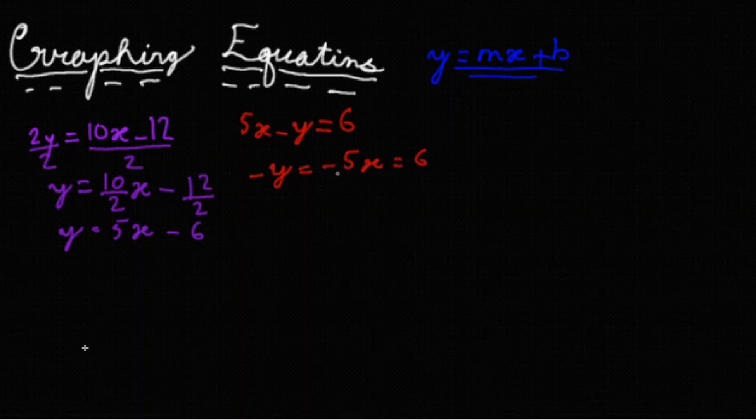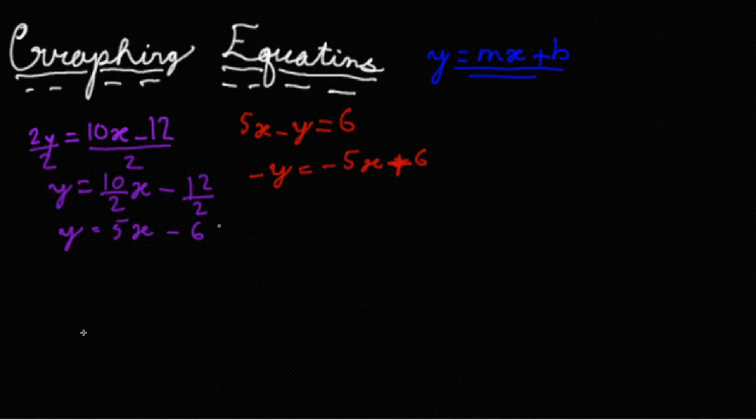The reason why this 5x is negative is because it's the opposite from this side. So if this side is positive, we move it to this side. This is the opposite, so this is negative. Now, this is a plus sign. We turn all of these into their opposite signs: negative to positive, positive to negative.